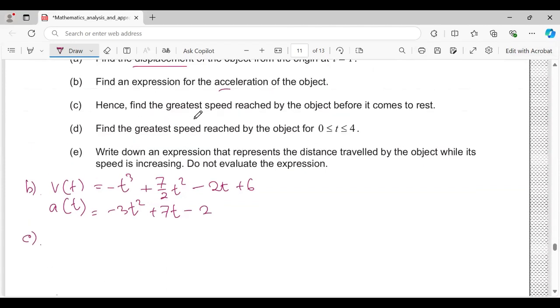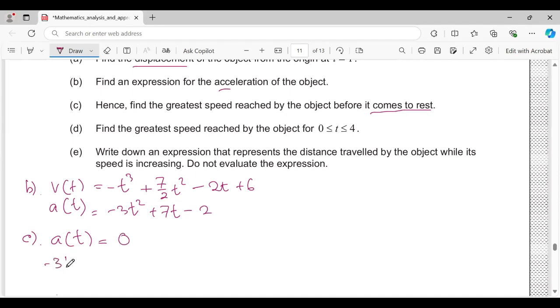Find the greatest speed reached by the object before it comes to rest. So before it comes to rest, we can calculate the greatest speed. But as the first step, we need to find t from the acceleration expression. The acceleration expression will be 0.